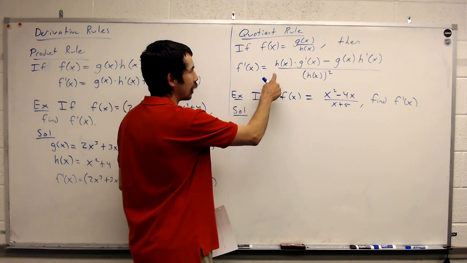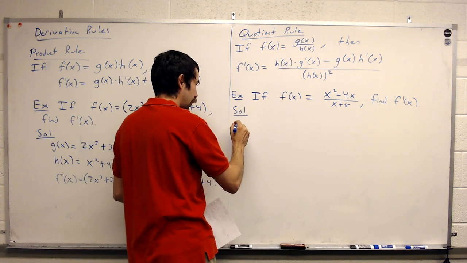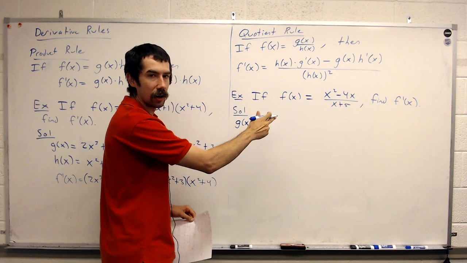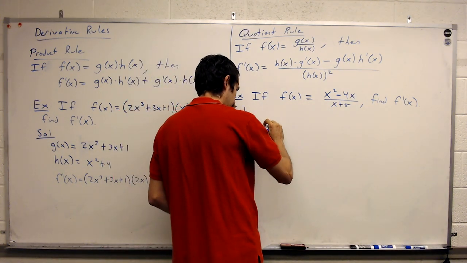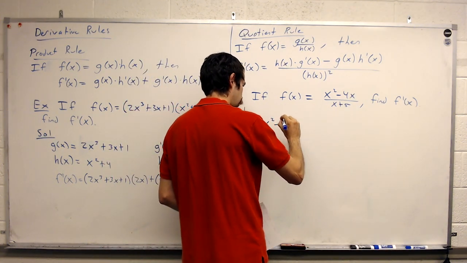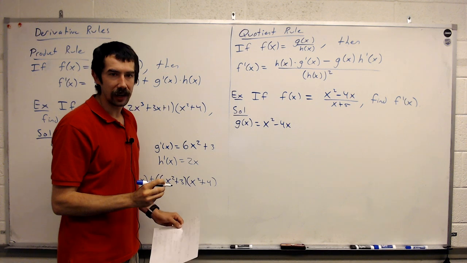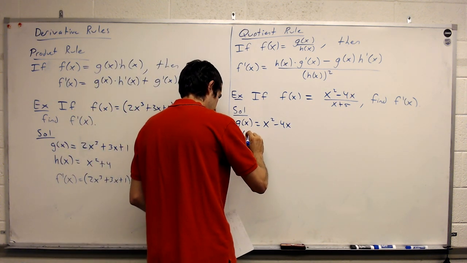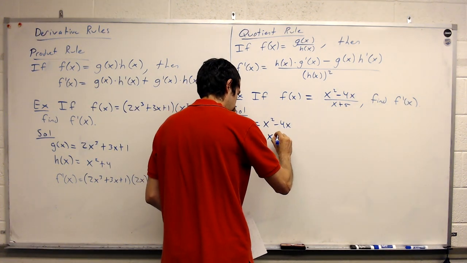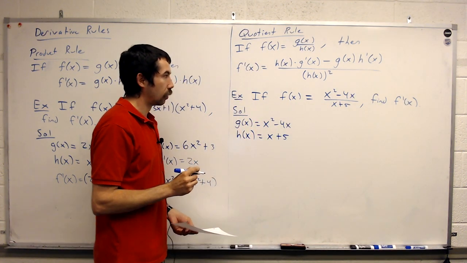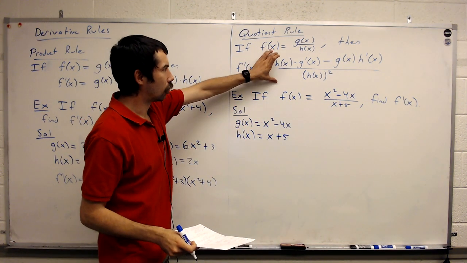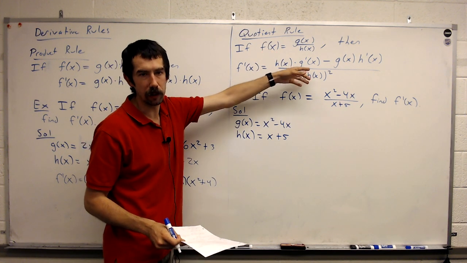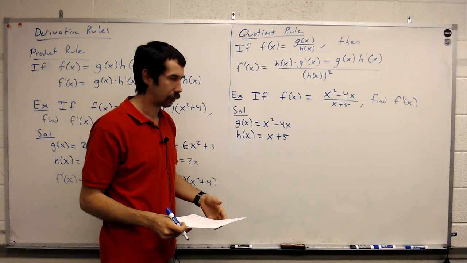And so what do we need? We need g and h, and then their derivatives. So let me write this correctly this time. G of x is our numerator. And h of x is our denominator. All right, and if we look at our rule, we need the derivatives of both the numerator and the denominator.